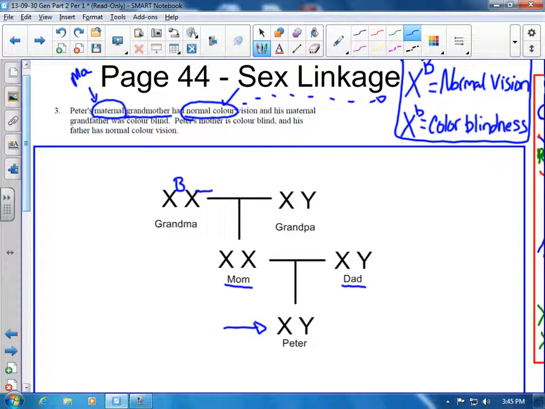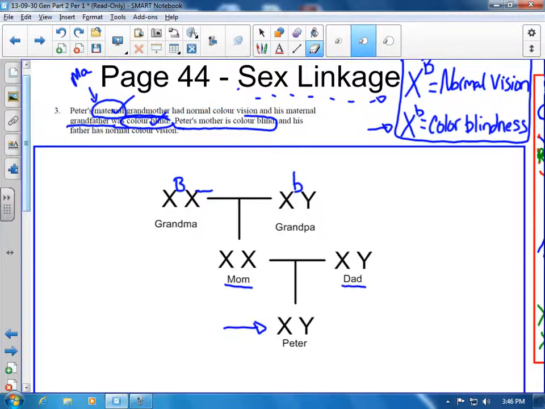And his maternal grandfather was colorblind. So I come over to the grandfather here and say colorblind, as that tells us, is a little b, brought about by X little b. Peter's mother now is colorblind. We can check all of those things off. We're done with that. But Peter's mother is colorblind.